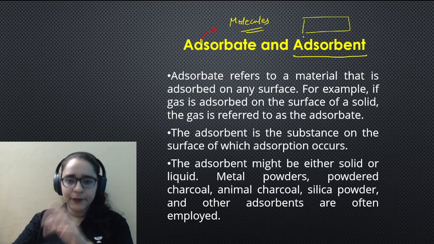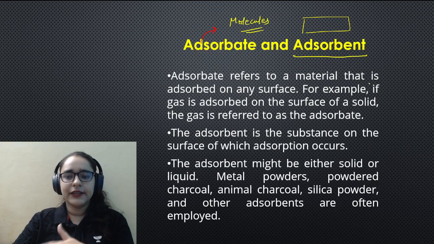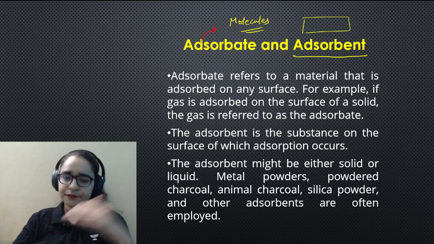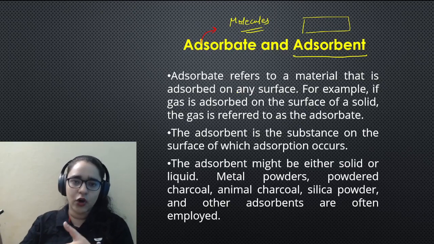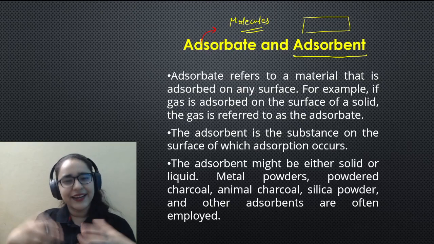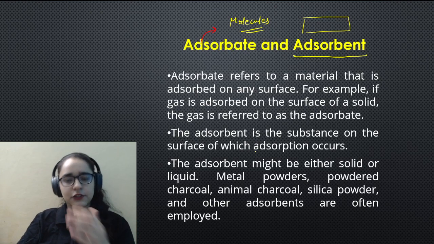That will be the material itself. For example, if a gas is getting adsorbed on the surface of a solid, the gas itself is the adsorbate, and here the solid will be the adsorbent. So I hope that is clear. The adsorbent is a substance on whose surface adsorption occurs.